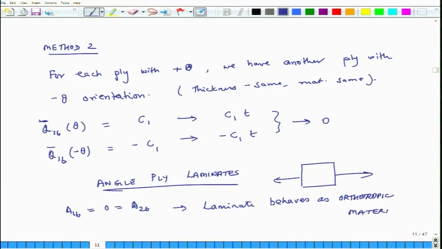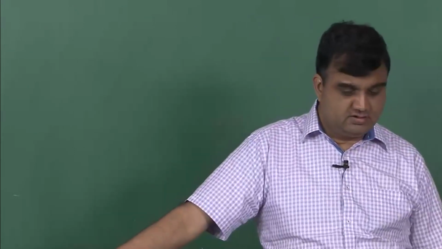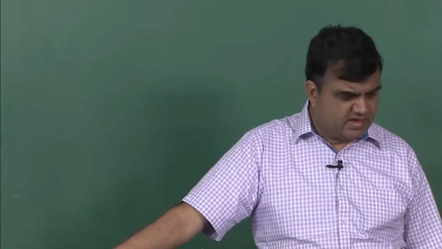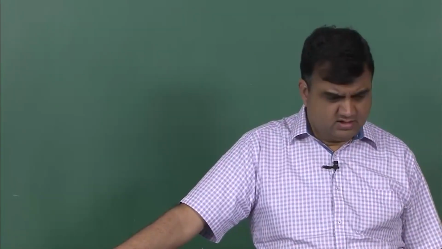So, we are not talking about individual layers, but at the laminate level, the whole laminate behaves as an orthotropic material. Layers may do their own thing, but at the laminate level, the overall behavior is that of an orthotropic material. So, this is another thing I wanted to mention.